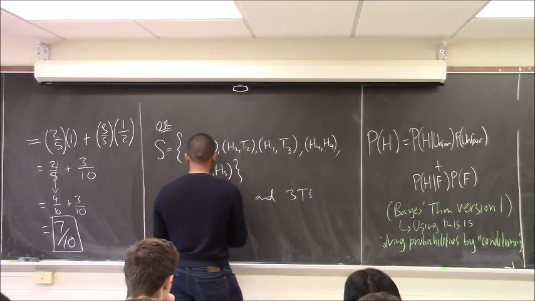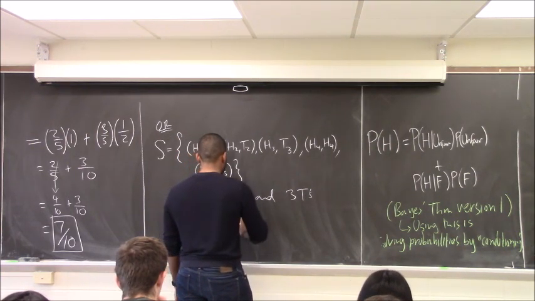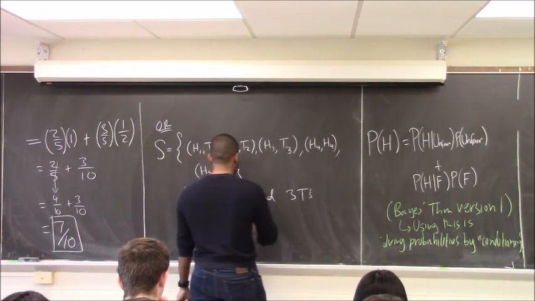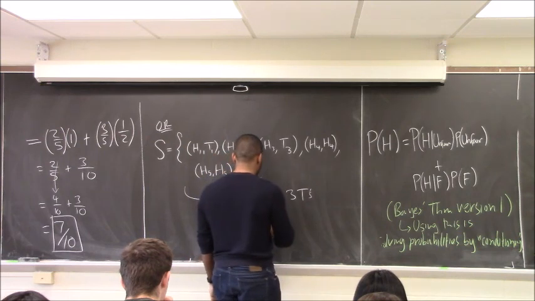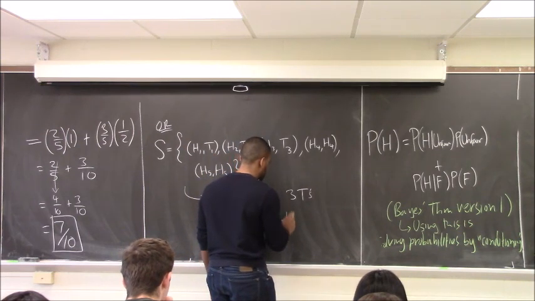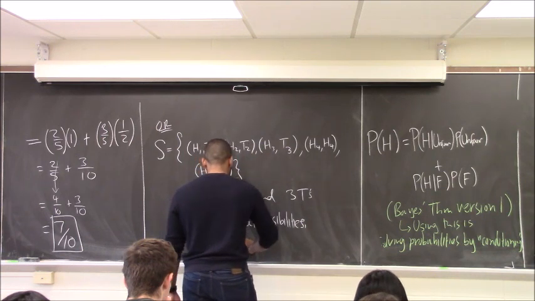So you also have 10 total possibilities. So these aren't all equally likely, so we can't take the size of the sample space. And we are looking for 7.